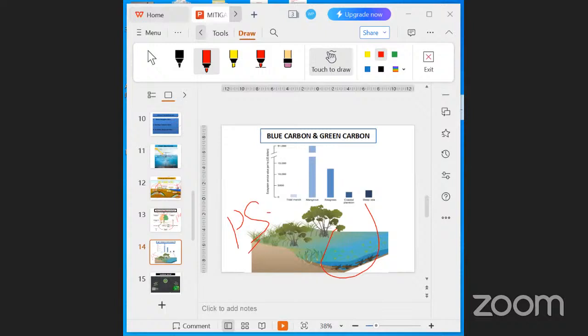Furthermore, the coastal ecosystems have been found to store huge quantities of carbon in organic rich sediments, up to 5 times more carbon than many temperate and tropical forests. These ecosystems are found on all continents except Antarctica. Okay. So this is the blue carbon and green carbon.